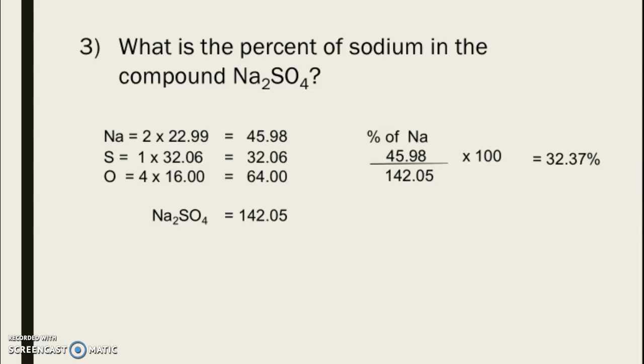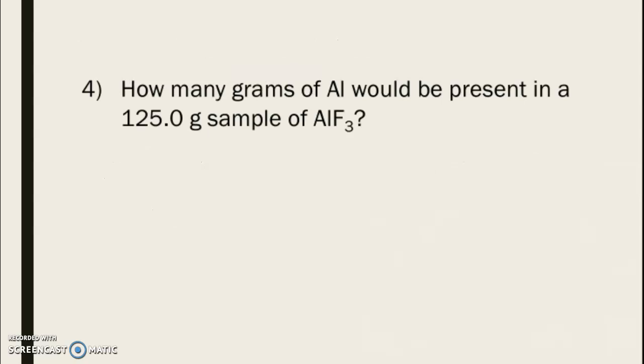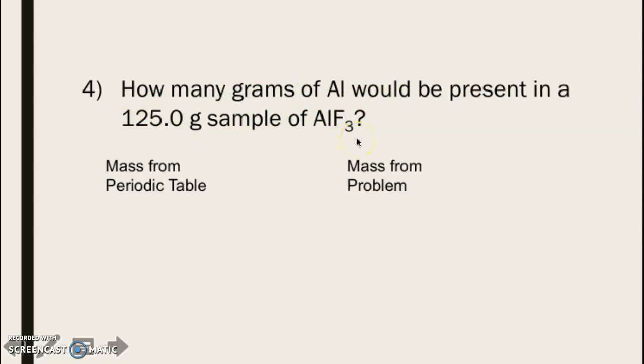All right, next and final problem. Okay, so this is actually going to end up being a proportion problem. So if we read through, we see how many grams of aluminum would be present in a 125 gram sample of aluminum fluoride. So at this particular time, we do not know the answer to this, but we can get the answer if we can find out how many grams there would be in whatever the mass on the periodic table is.